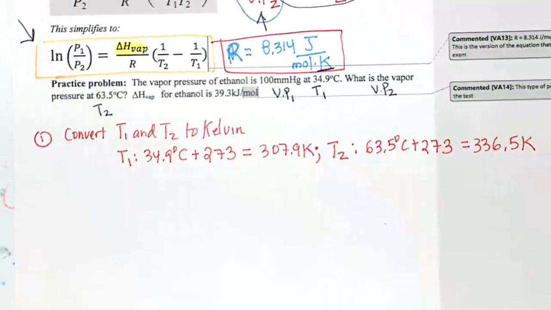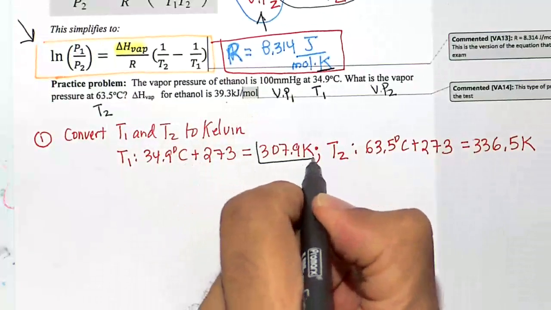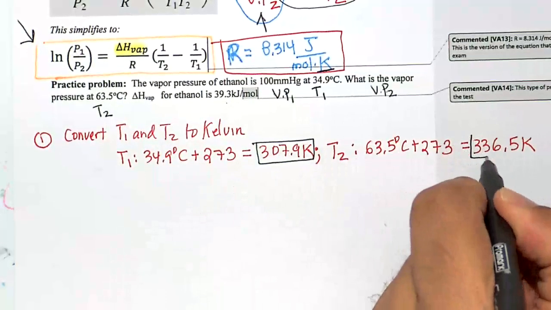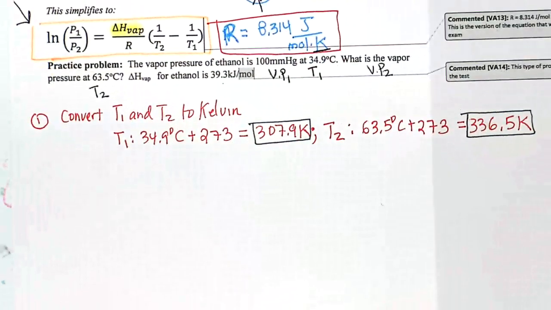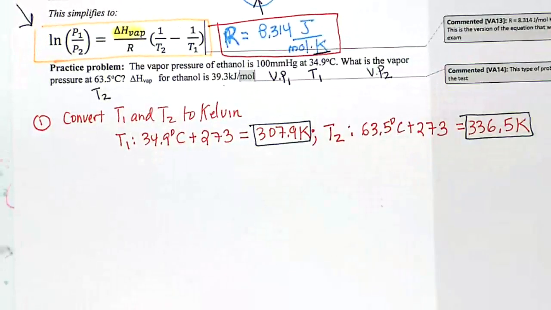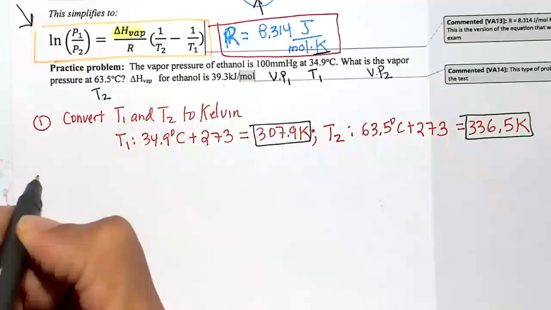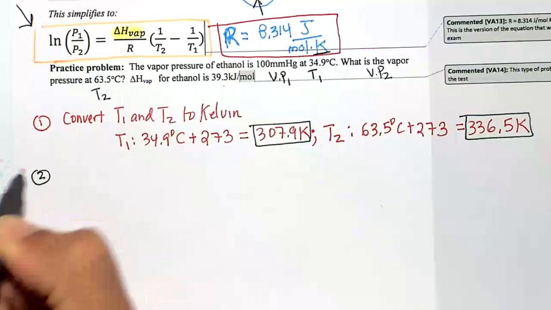Okay, are we okay with all of this? T1 and T2. Okay, very good. So if it's already in Kelvin, you don't have to convert it, but if it's degrees C, we have to convert it. Okay, the next thing I would do, step 2 here, is you see this delta H vap.